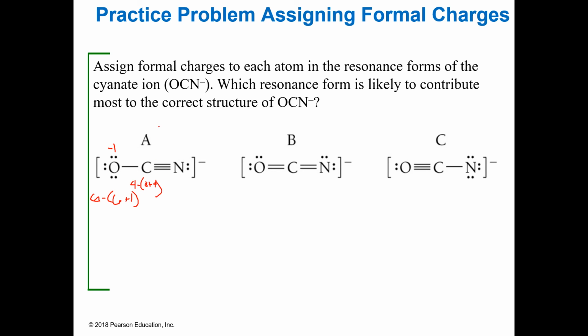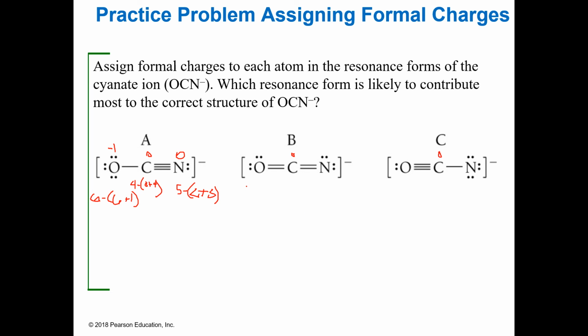So 4 minus 4 is 0. Nitrogen here, 5 valence electrons. It has 2 non-bonding. And then it has 2, 4, 6 bonding, so half of that is 3. So 5 minus 5 is 0. Okay. Carbon for all of these is going to be 0. You can see there's 4 bonds, so that's not going to change.